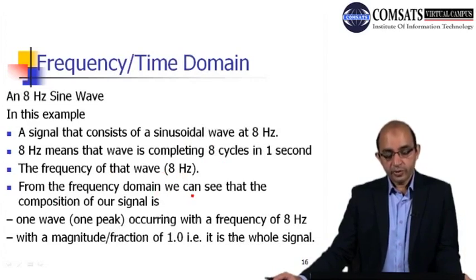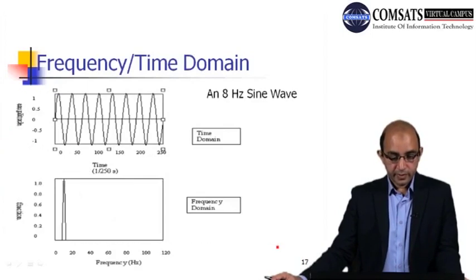If we talk about the frequency domain, we can see that the composition of our signal is one wave, one peak occurring at a frequency of 8 Hertz with a magnitude fraction of 1, that is, it is the whole signal. So here is the graphical representation: we have the time domain and you can see the frequency domain. At this frequency you can see the peak amplitude.